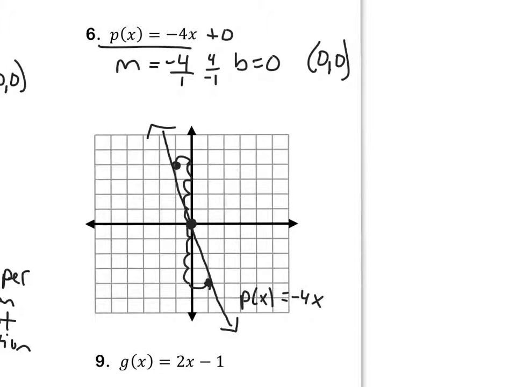That's my line. Now I want to get my other color and graph the parent function. And the parent function starts here, and it has a slope of 1. And we've done this several times, so you should know what it looks like by this point. And I'm going to draw a line through it. And here I have a function y equals x.